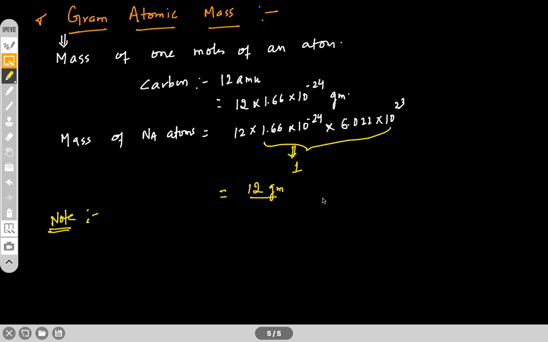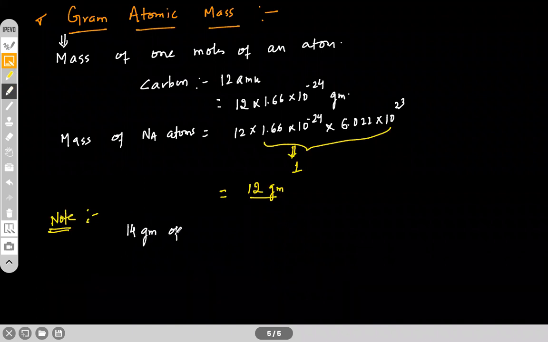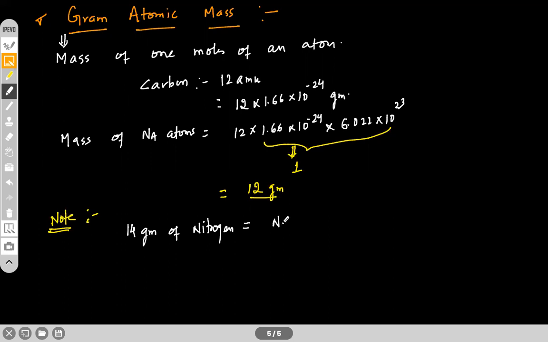So you see here, if I take 14 gram of nitrogen, how many nitrogen atoms do we have? Na nitrogen atoms, because its atomic mass is 14.